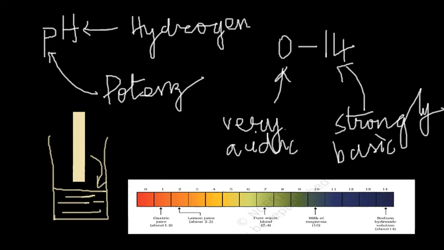If the pH value is somewhere between 3 to 6, then we say that it is a weak acid, and the solution can be called a weak base if the pH value of the solution is somewhere between 8 and 12. So this is the method of actually finding the strength of a solution, how much acidic or how much basic it is.